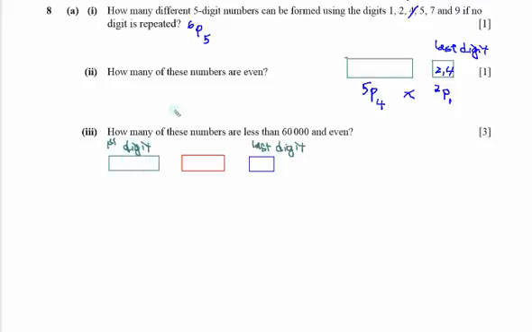Now, how many digits can you fill in as the first digit to be less than 6,000? You can fill 1, 2, 3, 4, 5. For the last digit to be even, you have 2 or 4.